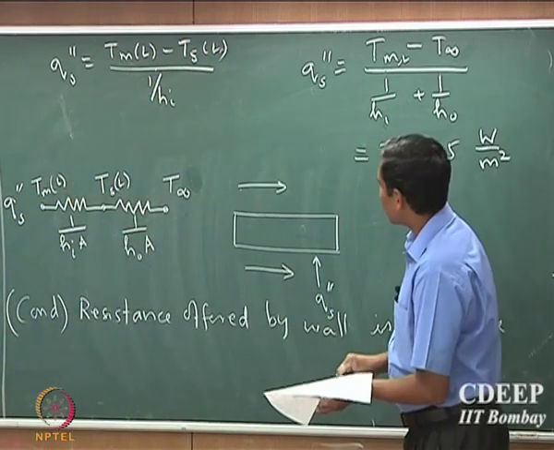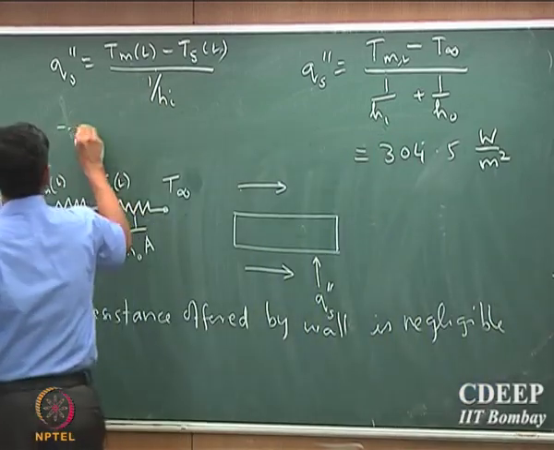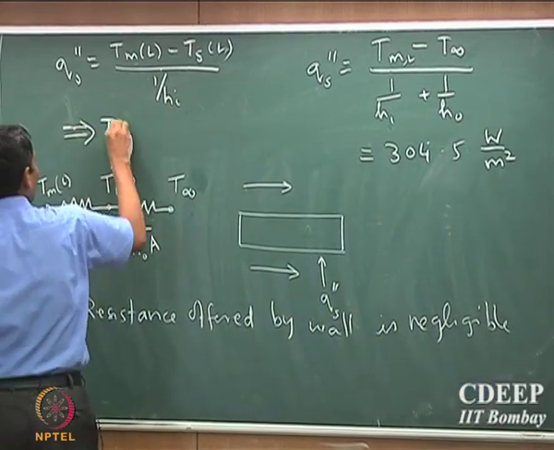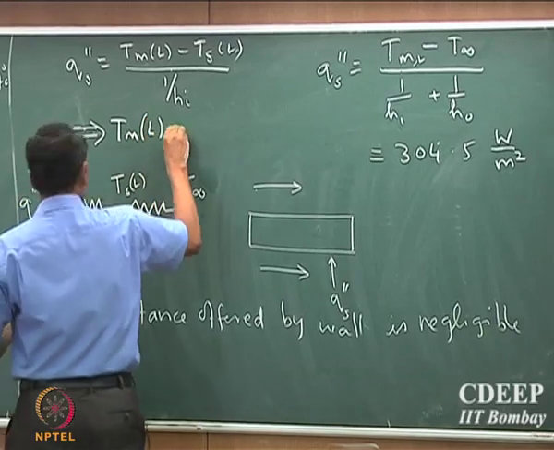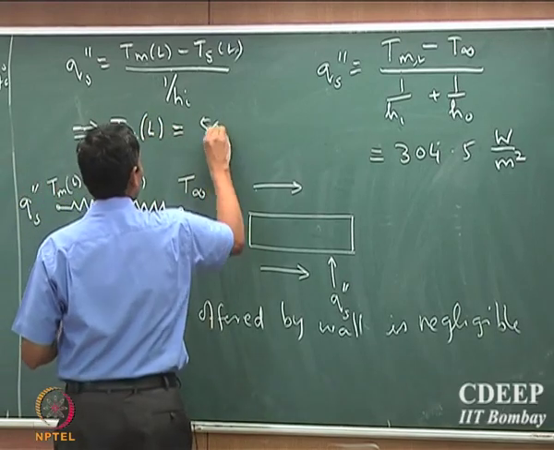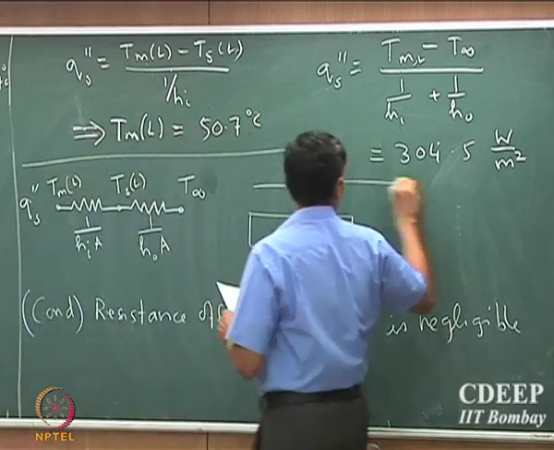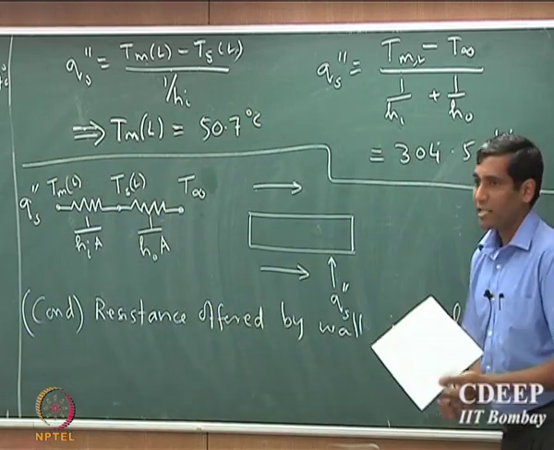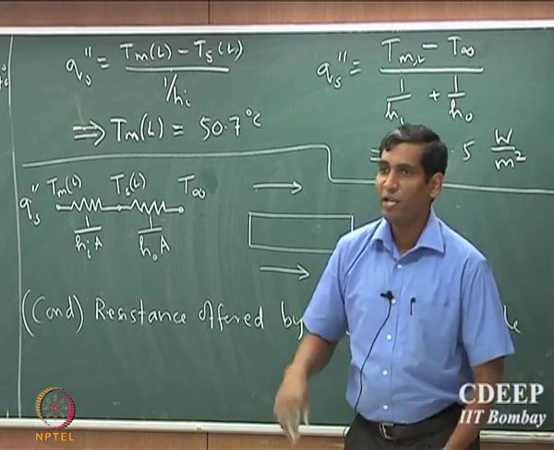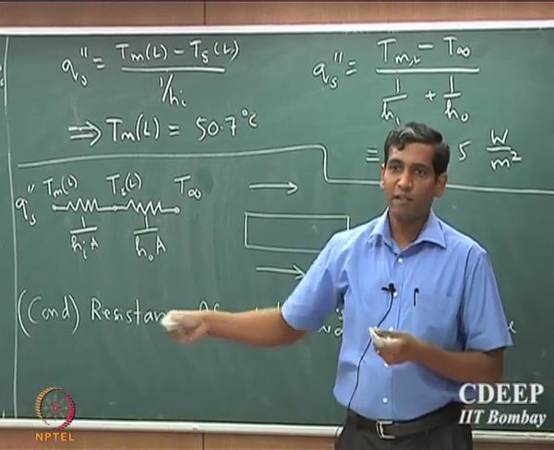Okay. So, from this I can calculate Tm of L, it is equal to 550.7 degrees. Okay. So, that is the temperature of the fluid at the location where the fluid is leaving the tube at L.